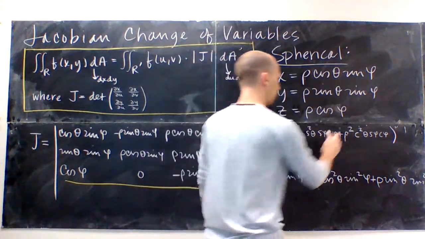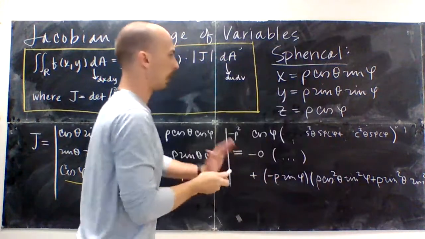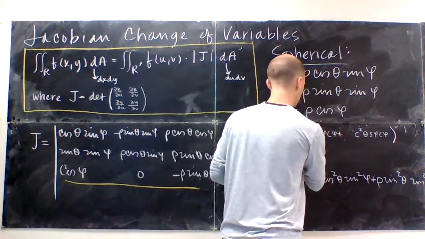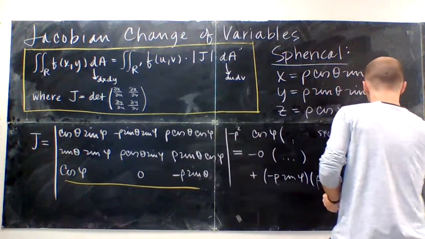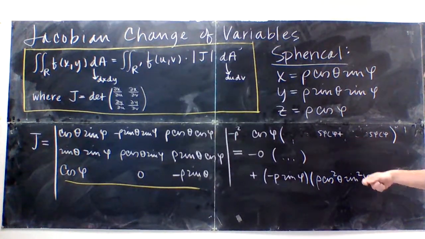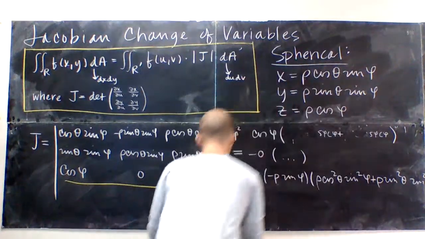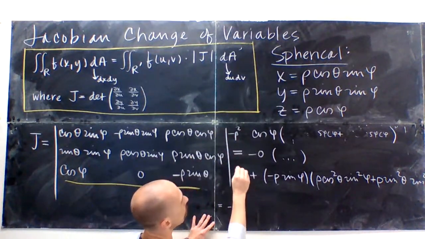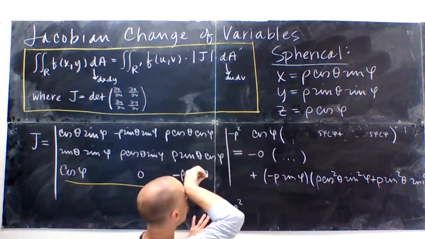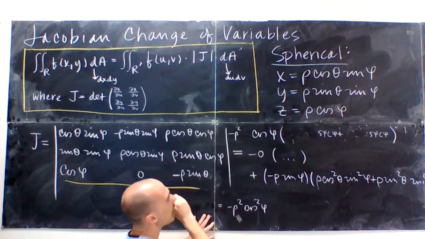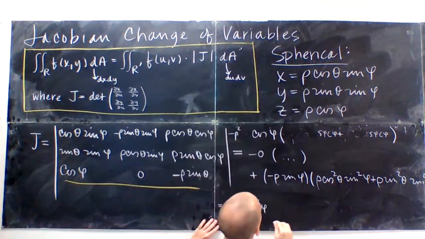Sine squared plus cosine squared is 1, so those are going to be gone. This is very sketchy algebra here, but I've got two of these sine phi cosine phi's. So in total, I have a negative rho squared times cosine squared phi times a sine of phi.